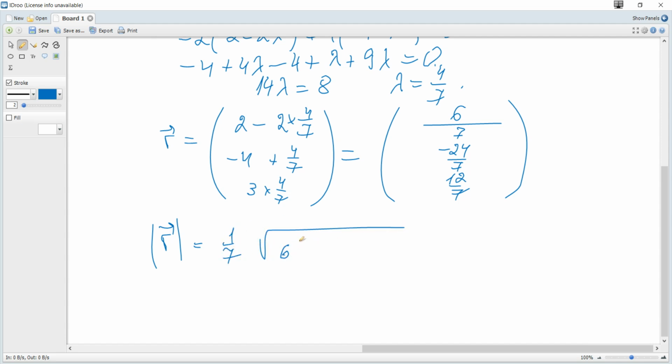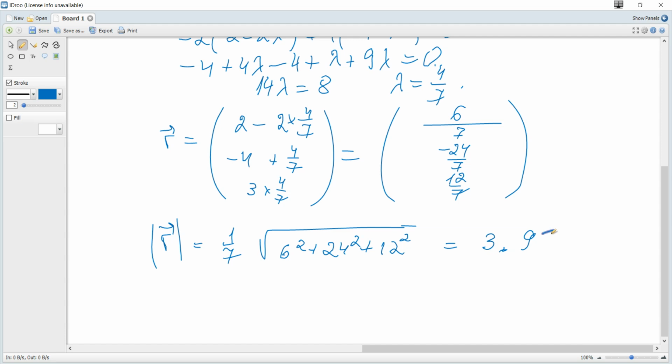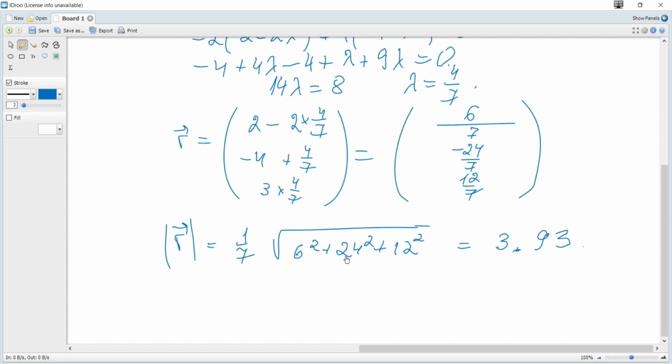Square root of 6 squared plus 24 squared plus 12 squared, and then divided by 7. Yes, it's correct. It's 3.9 to 3 significant figures.